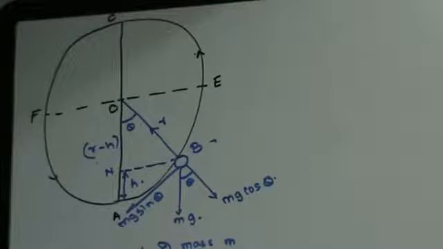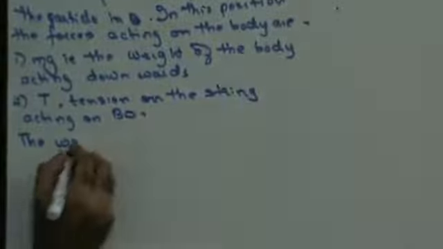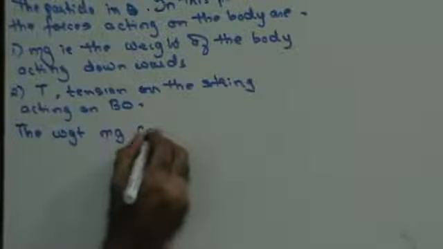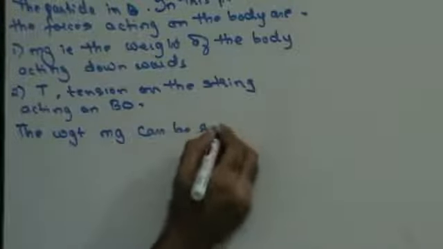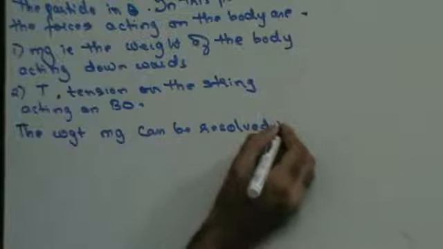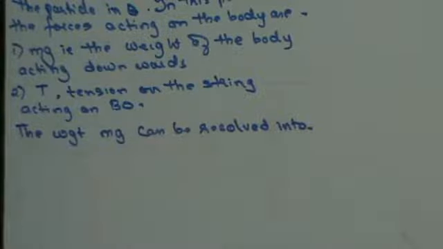So thus the weight mg can be resolved into two components, right? One will be the mg cos theta, that will act along BO but in opposite direction and will counterbalance the tension on the string, right?